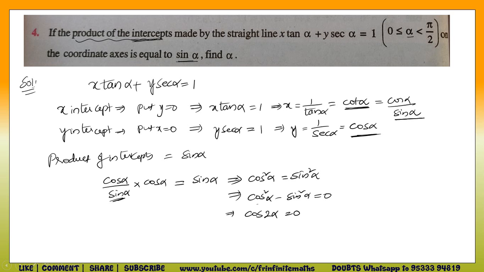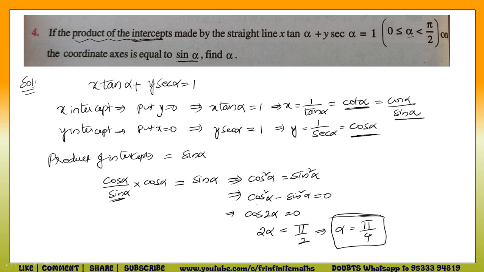So the cos value becomes 0 when 2 alpha is equal to pi by 2. Clearly from this, alpha is equal to pi by 4, by using the concept of cos 2 alpha. Cos square alpha minus sin square alpha means cos 2 alpha.